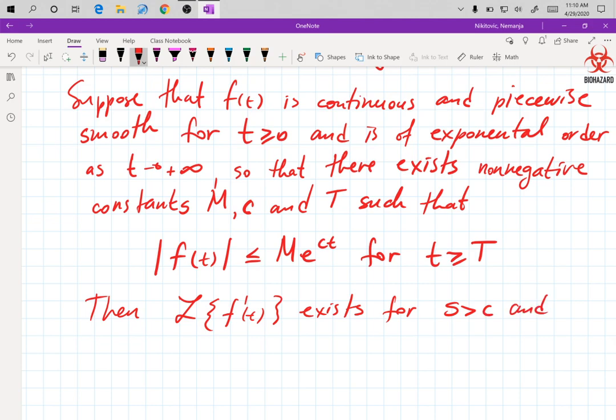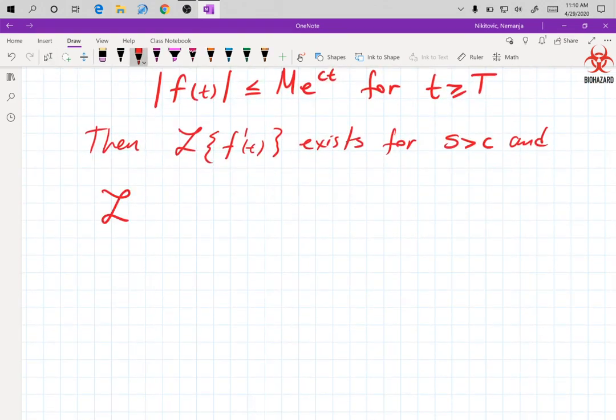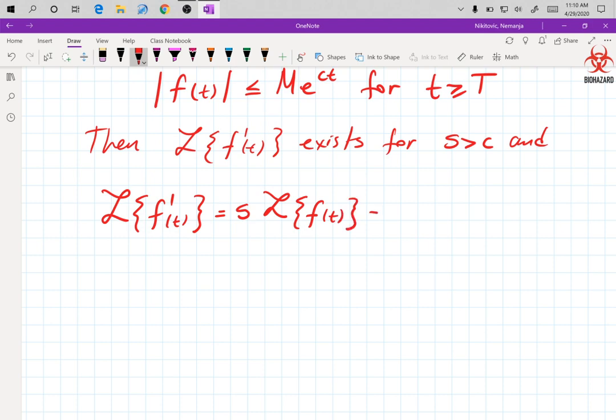And here is the formula. Laplace of the derivative is equal to s times Laplace of the function minus f of 0.